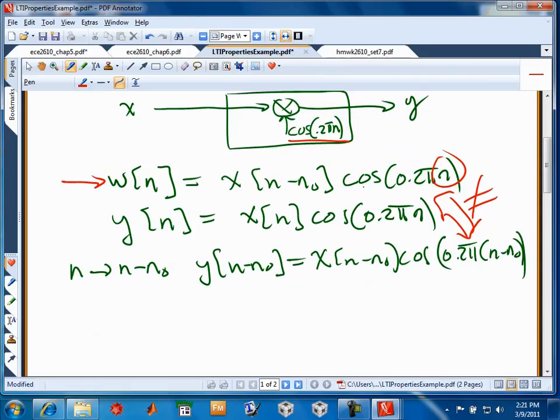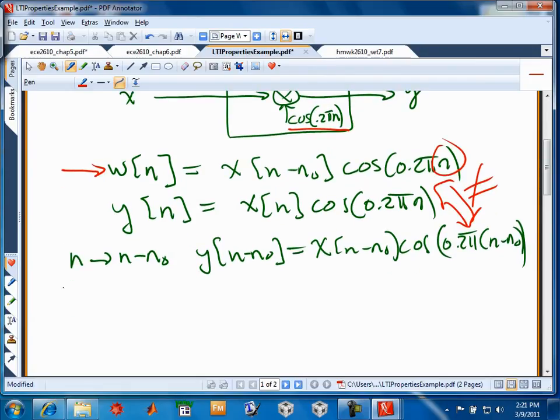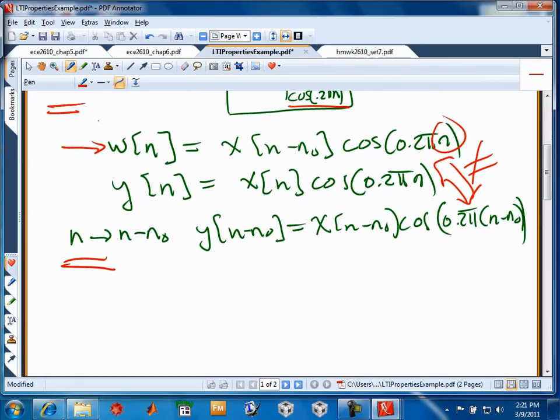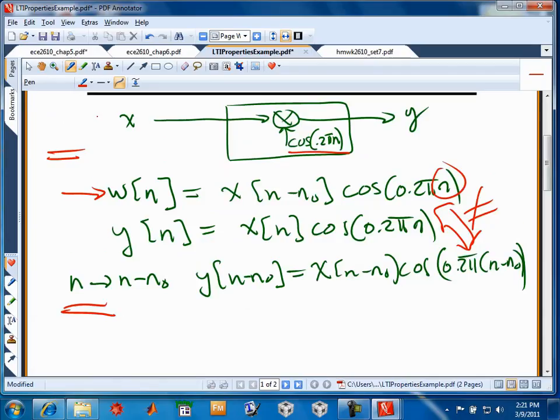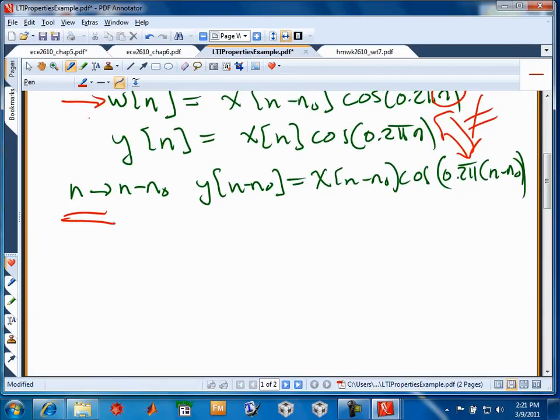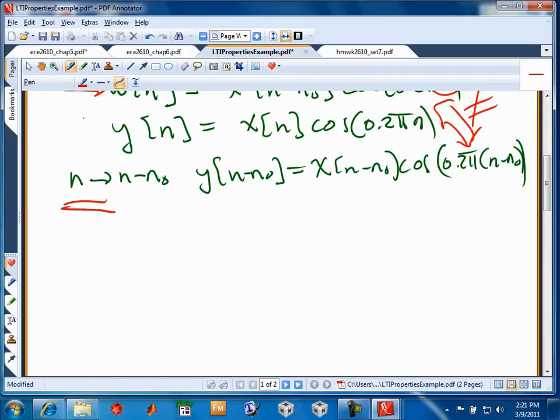Okay, what about linearity, since that's the next one? Does a time varying gain destroy linearity? We've already done an example, but not this exact example. Let's see.